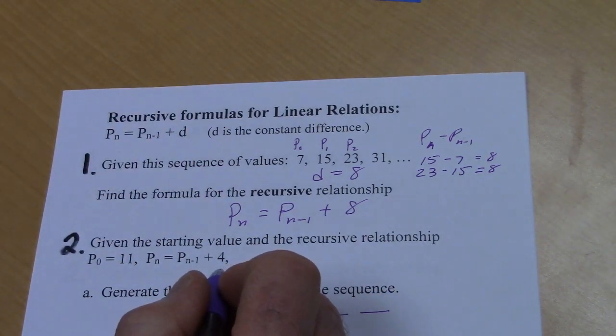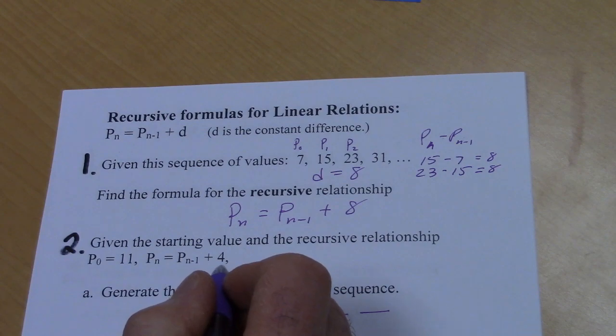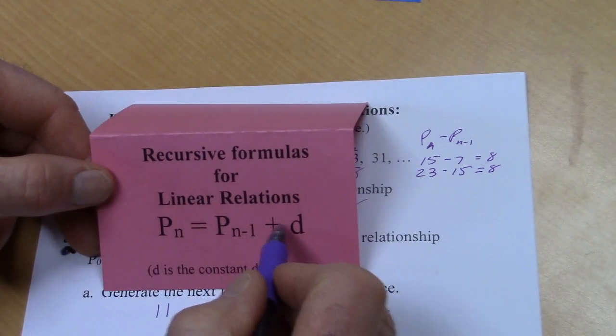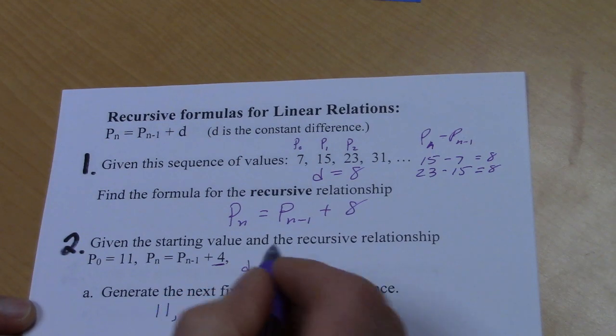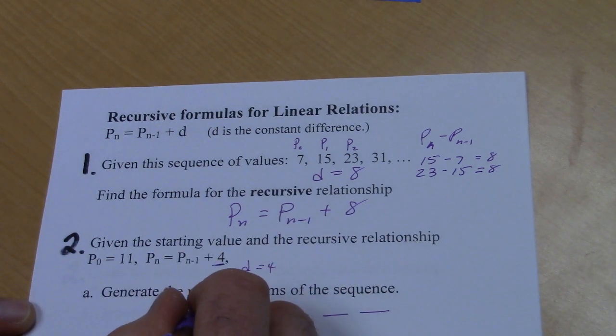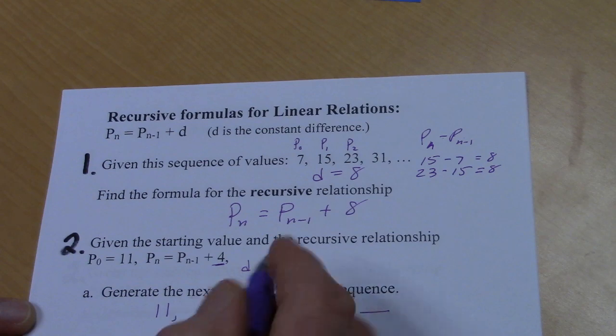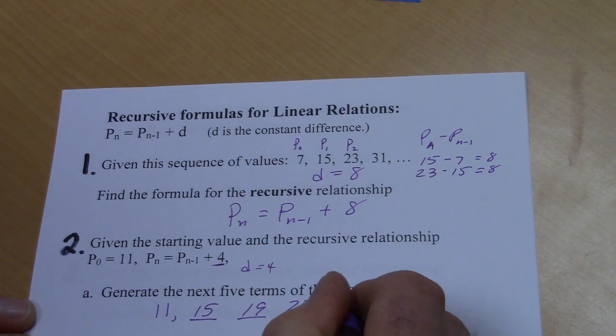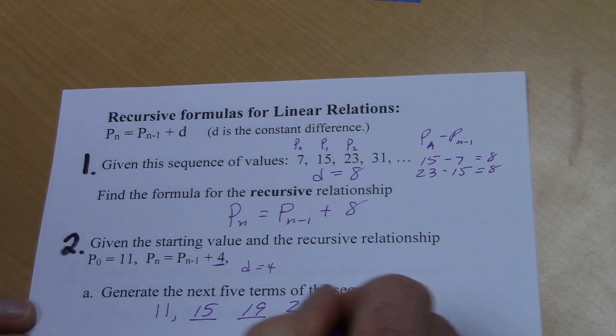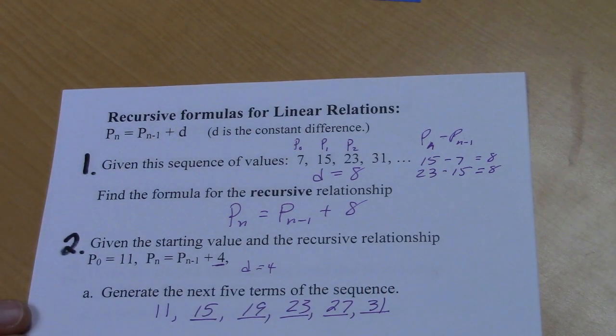And this is the constant difference, right? It's the previous term plus d. d is equal to 4 here, isn't it? That means it's a positive 4, so that just goes up by 4. We add 4 to get 15, then 19, then 23, then 27, and 31. They go up by 4.